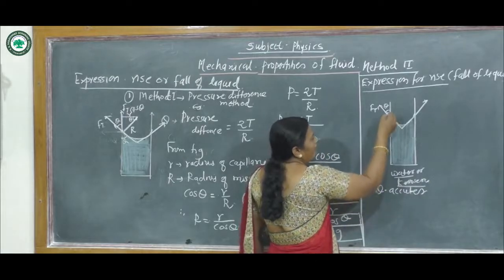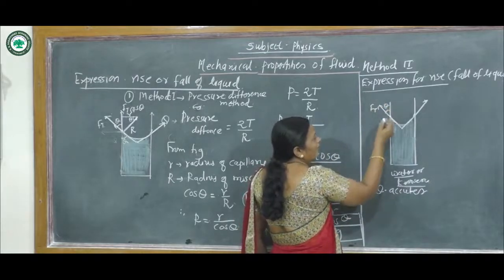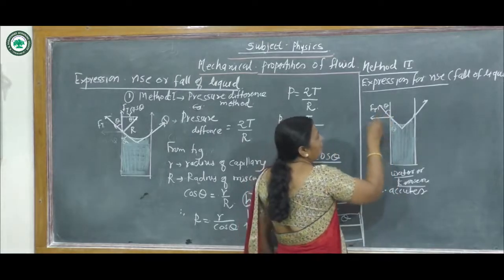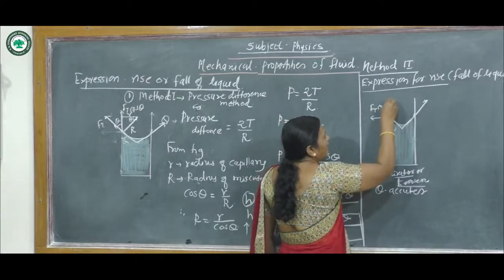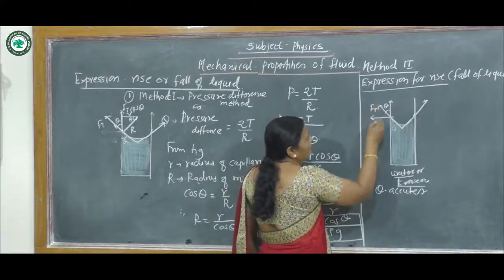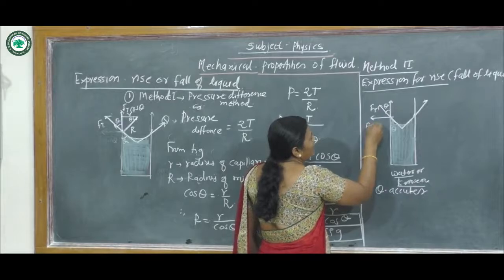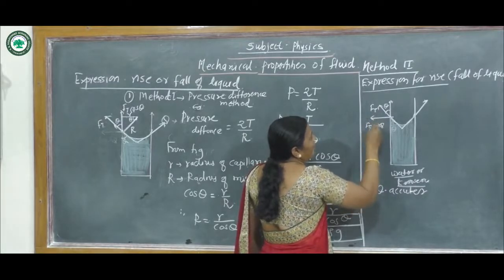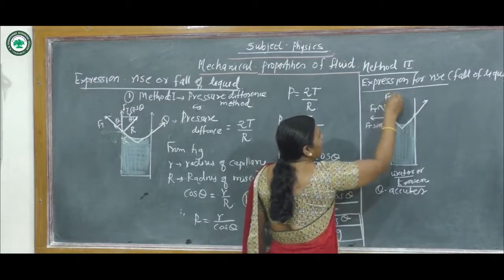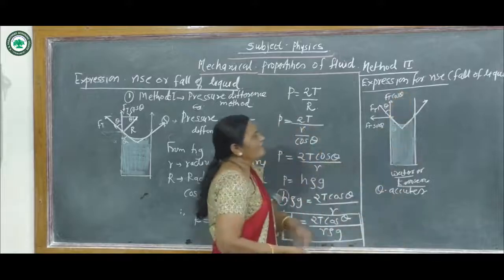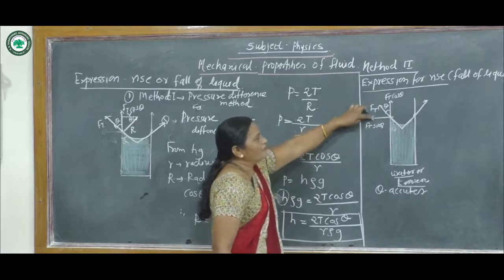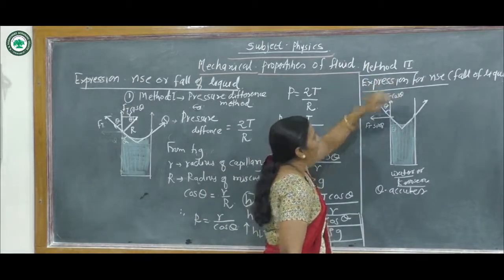Now this force, inclined at angle theta, has two components, a horizontal component and a vertical component. The horizontal component of this force of surface tension is Ft sin theta, and Ft cos theta is the vertical component.